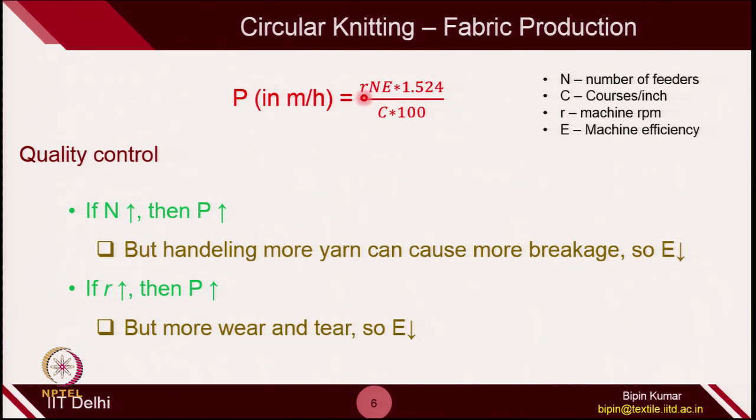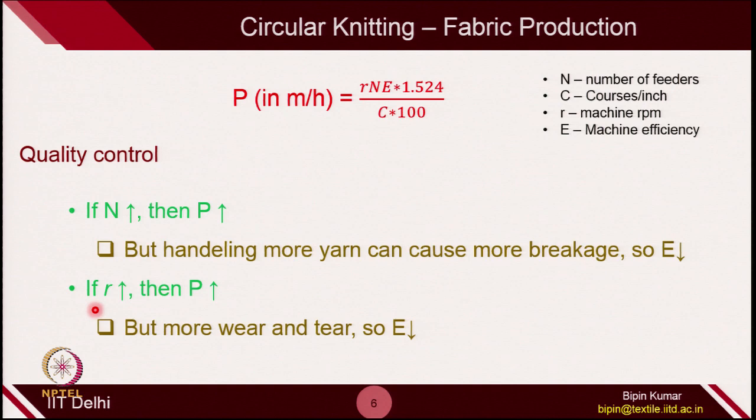If you increase the RPM, production will also increase. But if you are increasing the RPM more and more, it will be hitting the butt and the cam frequently. So, there is more wear and tear of the machine. There may be chances of butt breakages or needle breakages. So, E can decrease.